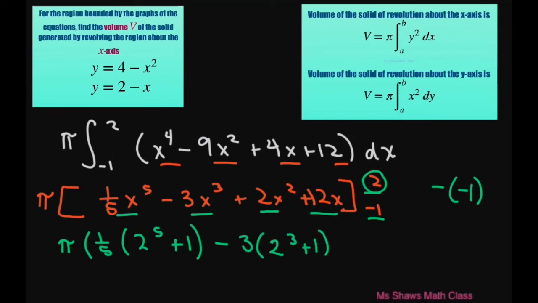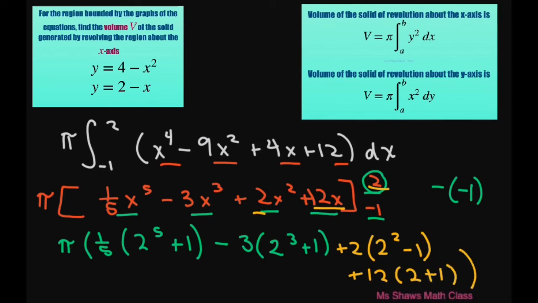Now for this one, the 2: plus 2, and we're going to do the 2 part first. That's 2 squared, and then minus 1. So this is going to be minus 1. And then for the 12x, we're going to get plus 12 times, this is going to be 2 plus 1.